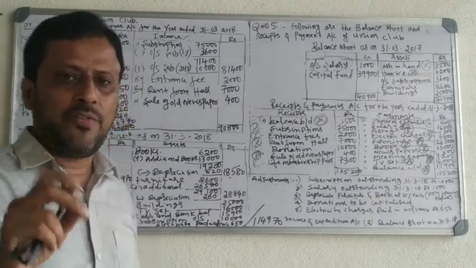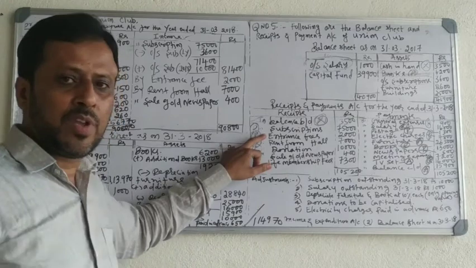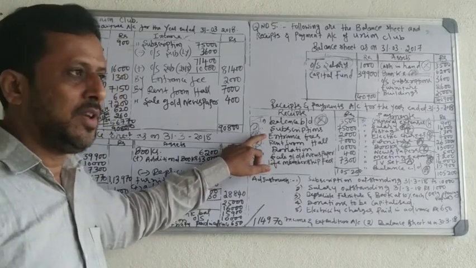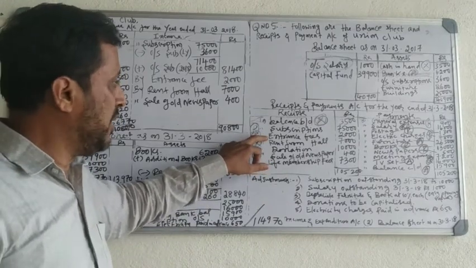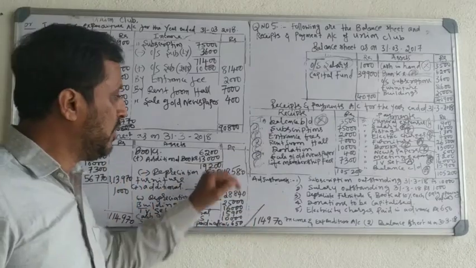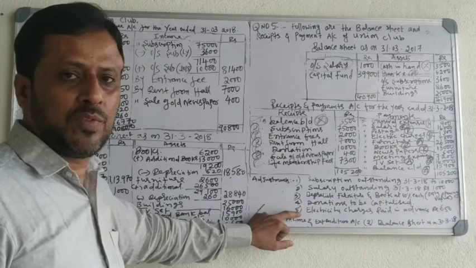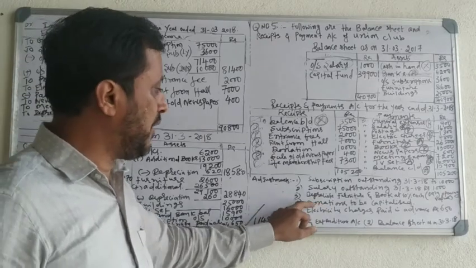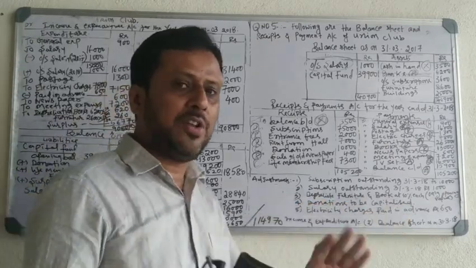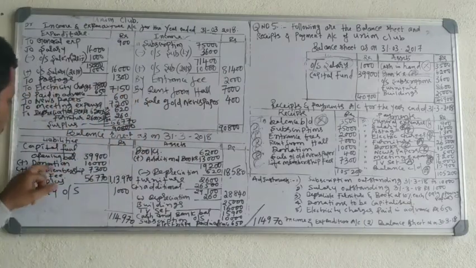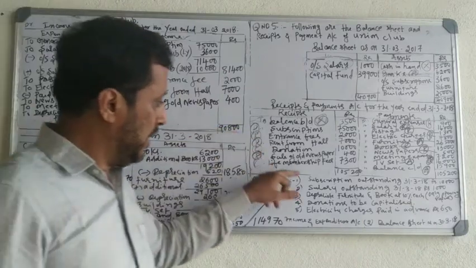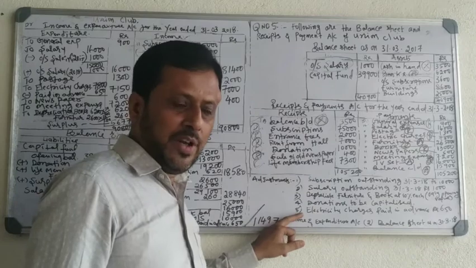I have one clarification regarding the entrance fee. See the earlier video. In this video I said entrance fee treated as capital receipt. No. In this problem, adjustment is not given. If the adjustment says that entrance fee is to be treated as capital receipt, then you have to treat it as capital receipt, show in the balance sheet. But adjustment is not given for entrance fee.